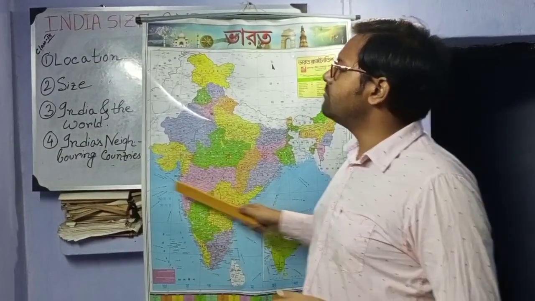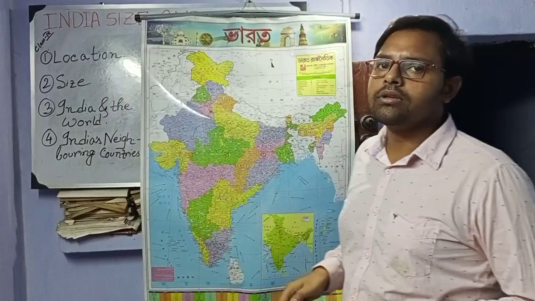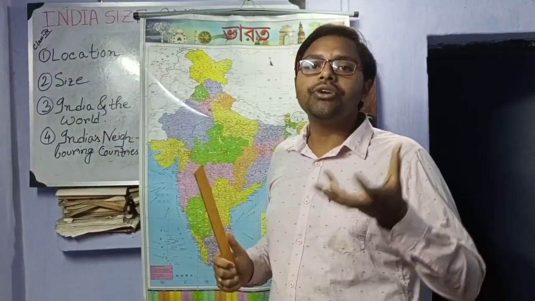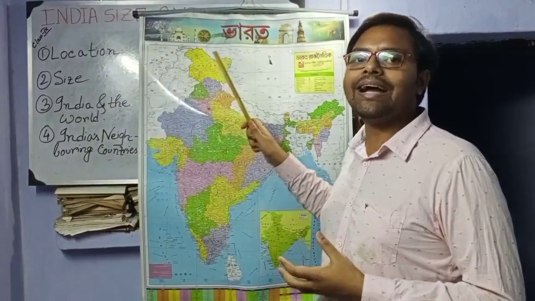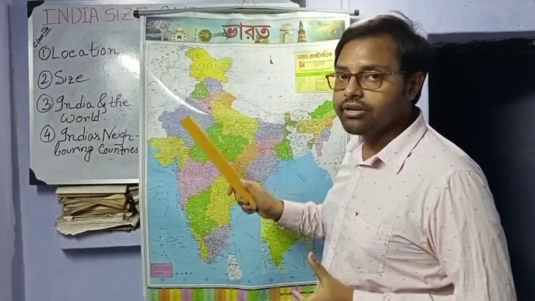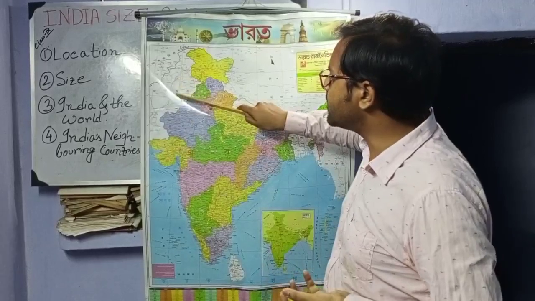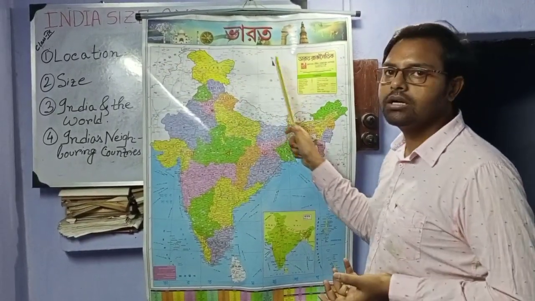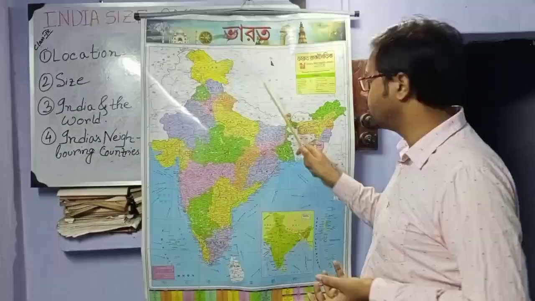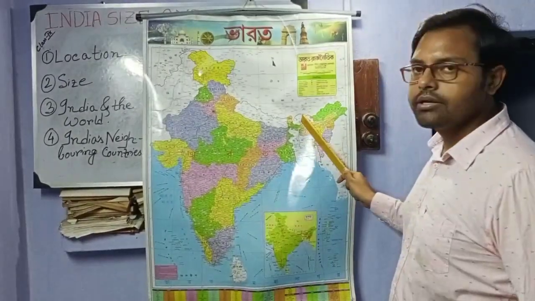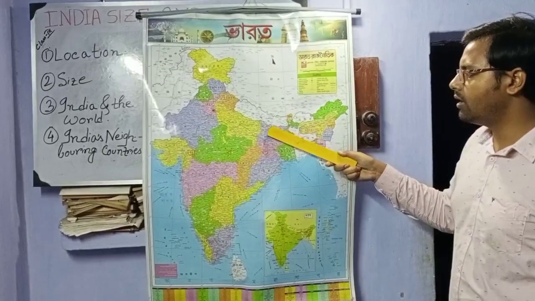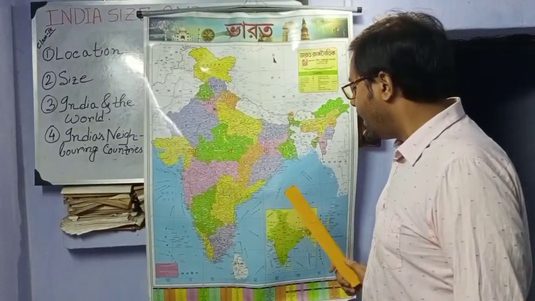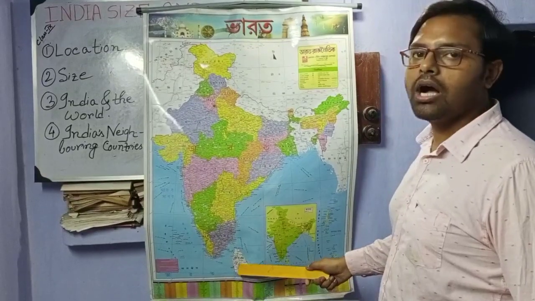Now come to its neighboring countries. Neighboring countries, Afghanistan. What is a neighbor? Which is situated surrounding us, besides us. That is neighbors. The neighboring countries: Pakistan, Afghanistan, China, Tibet, Bhutan, Nepal, Bangladesh, and Sri Lanka.